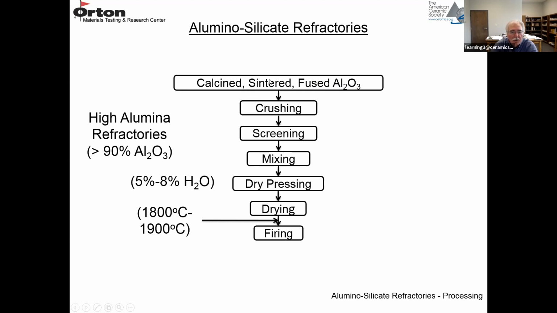So higher purity materials, the same type of steps here, crushing, screening, and mixing, followed by dry pressing and drying. And now the firing temperatures are quite a bit higher, 1800 to 1900 degrees C, to process these high alumina refractories.